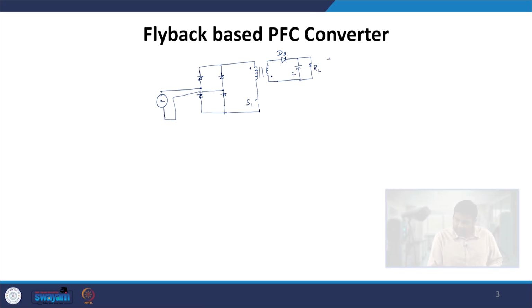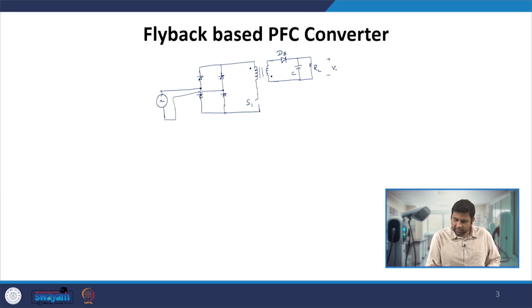Here we have the output voltage V0, and we can define the bridge diodes D1, D2, D3, D4.